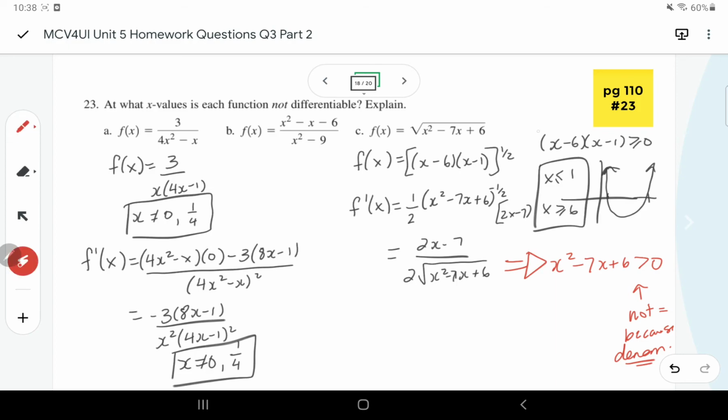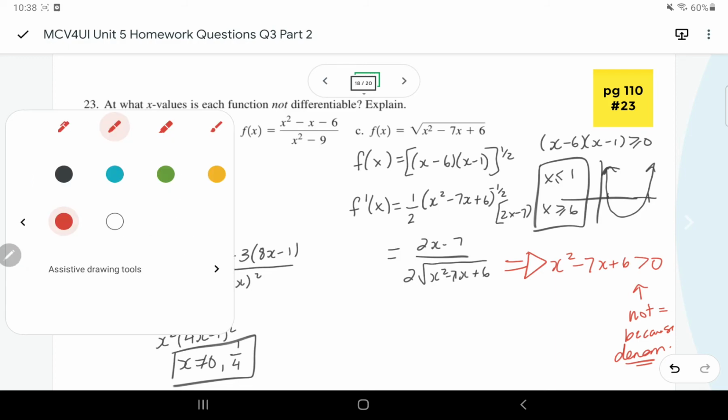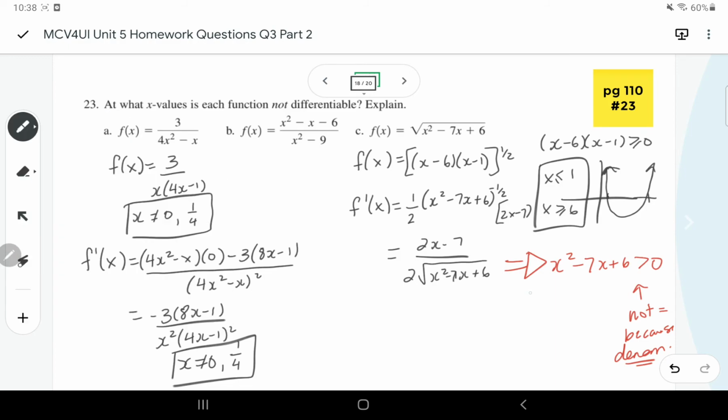Before, it could be equal to 0 in the original function. Now this square root is on the bottom, so we can't have it equal to 0. It's just greater than. So that's going to change my restrictions to x is less than 1 or x is greater than 6 because I don't want it touching that 0 point. So that's where this one would be differentiable.